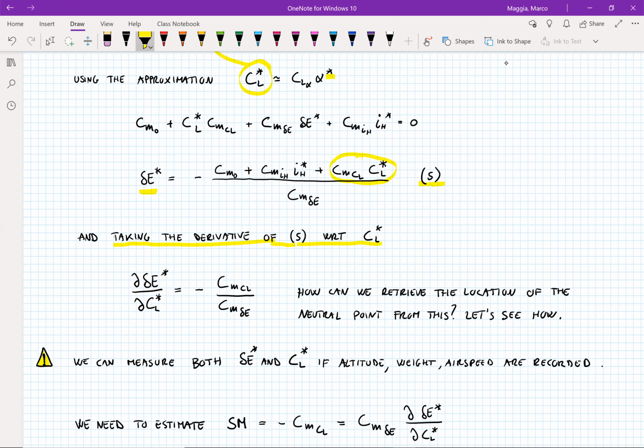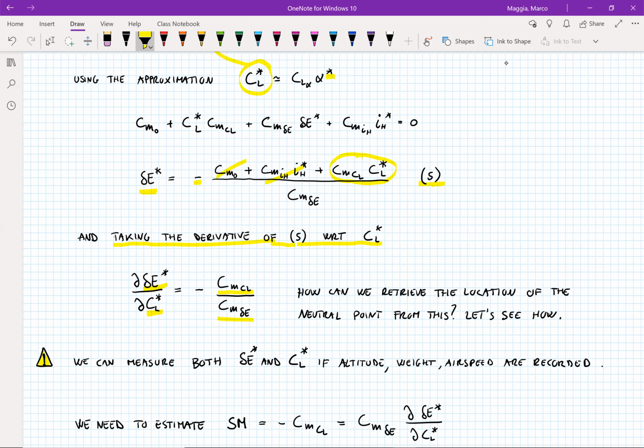So we're going to have the partial derivative of the trim condition for the elevator deflection with respect to the trim condition for the lift coefficient, and that is equal simply to minus this. If you take the derivative, this is not a function of CL, this is not a function of CL, so you simply have minus CM CL divided by CM delta E.